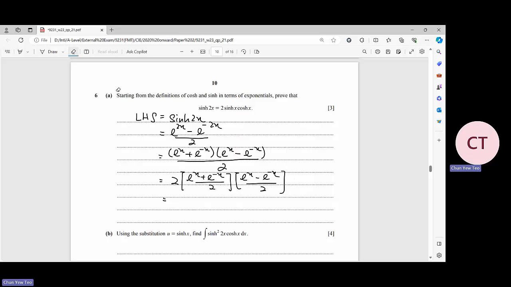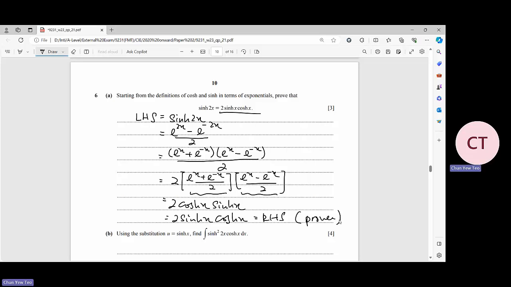Then after that, what I have over here is a cosh, and what I have over here is a sinh. So I just write it as 2 cosh x sinh x. But the question has sinh in front, cosh at the back. Well, actually, it's the same. So this one is equal to your right-hand side. Proven. Okay, so this is how you prove it.